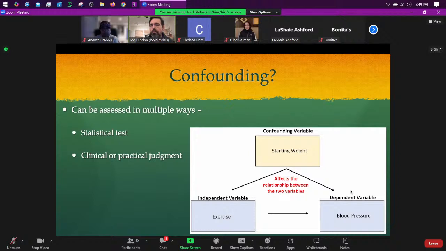So I want to reiterate, you are only measuring exercise and seeing the effect on blood pressure. And we realize, oh, yay, change. But then we realize maybe starting weight was a confounding variable. Okay. Cool.